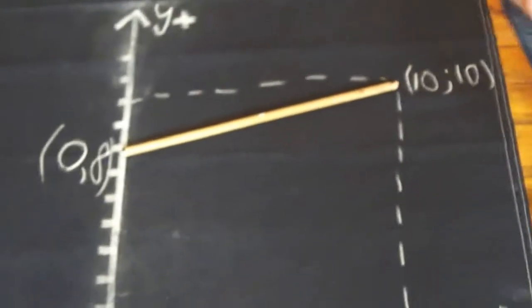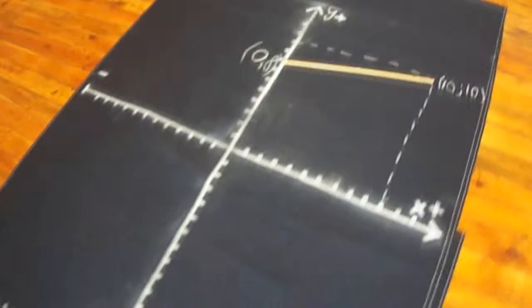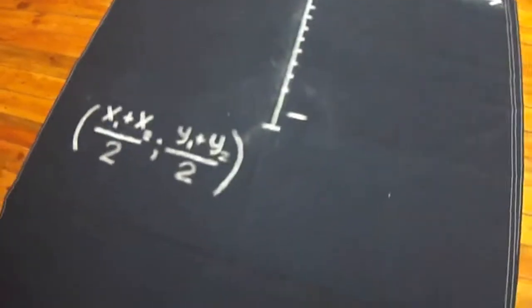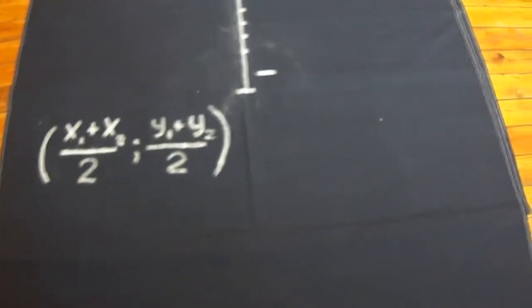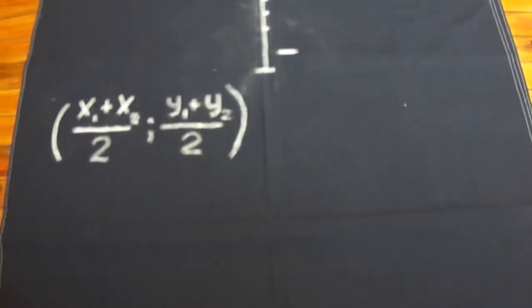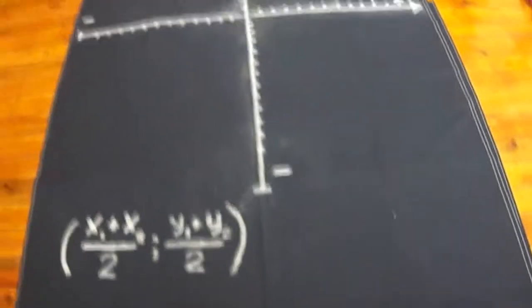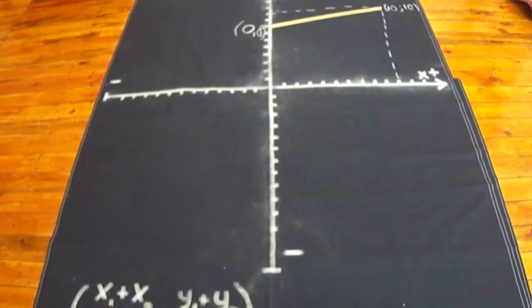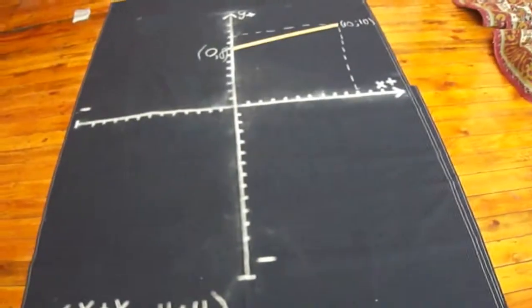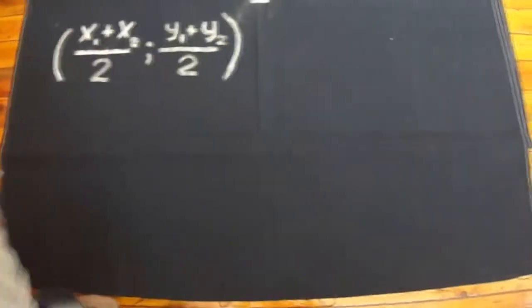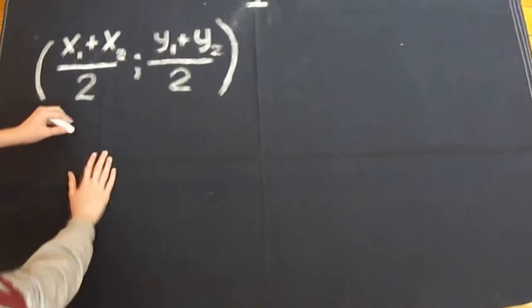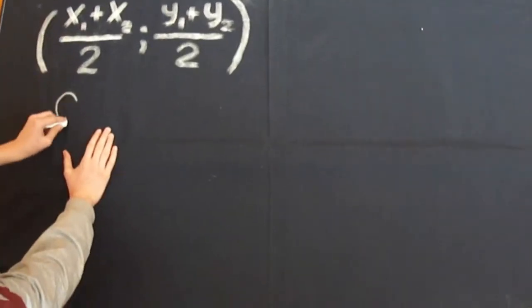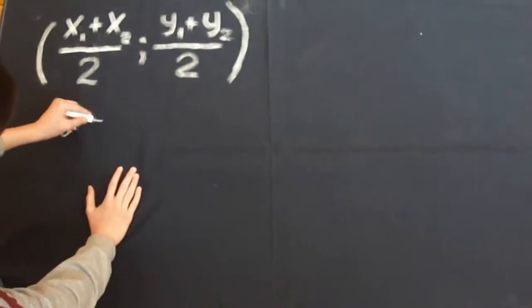And we have a formula: x1 plus x2 over 2, and y1 plus y2 over 2. We find the coordinates of the first and second point, so let's solve it. We have the coordinate of x1 is 0, and the second is 10.